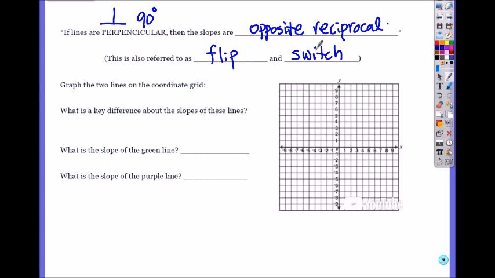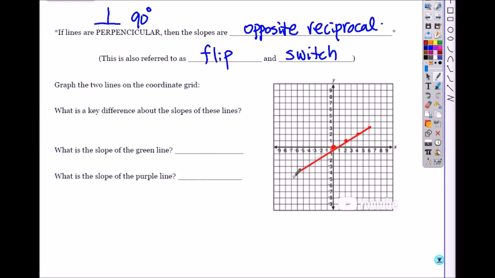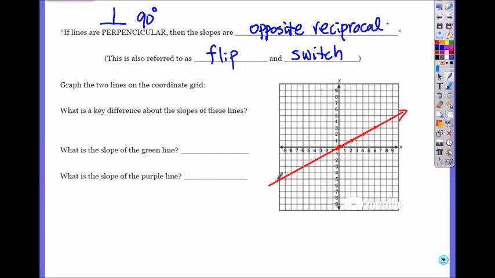So let's graph the same one that we started with. So it was 0, 0, and 1 over 2, 1 over 2, 1 over 2. Now, perpendicular. What's the slope? If you had a slope of 1 over 2, now it becomes what?